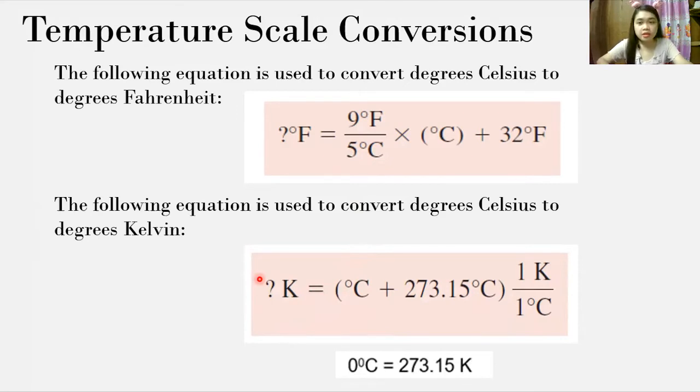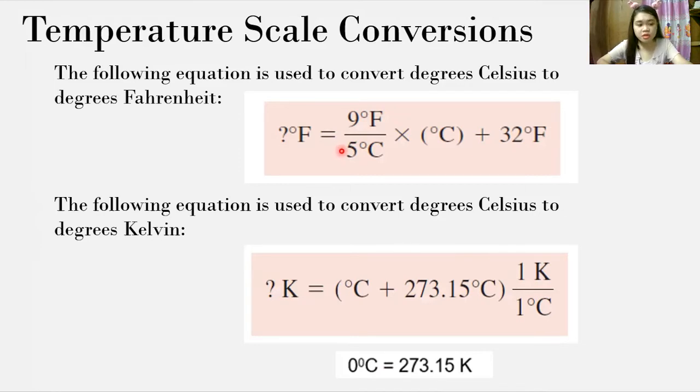Quick note, the conversion of Fahrenheit to Celsius is usually in terms of 9/5 or 1.8. As I've mentioned earlier, the change in Kelvin is equal to the change in degrees Celsius. This means that even though they have different units, they have the same or equal magnitude.